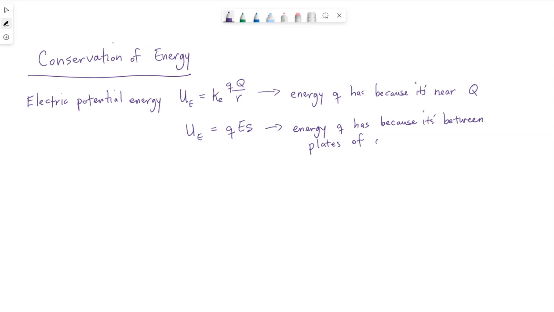I guess I should specify a charged capacitor. It's in the electric field of the capacitor.